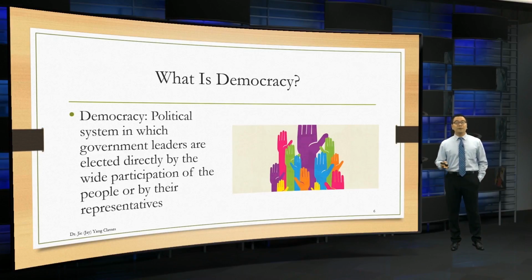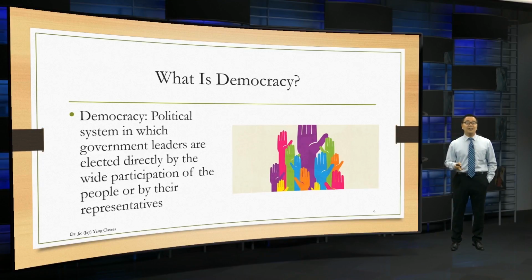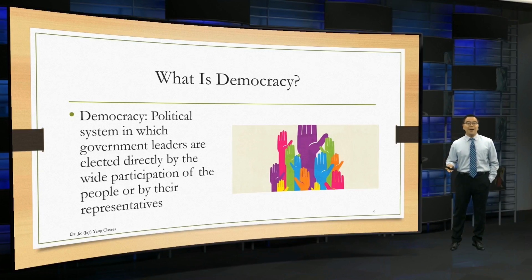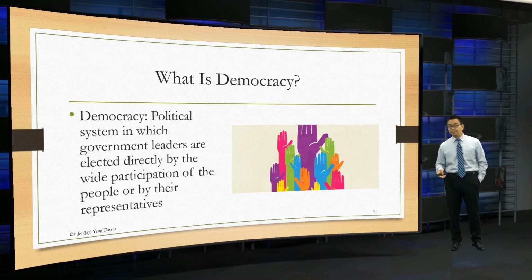Originally, pure democracy is based on the belief that citizens should be directly involved in decision-making. However, most modern democratic countries practice representative democracy, where citizens periodically elect individuals to represent them.